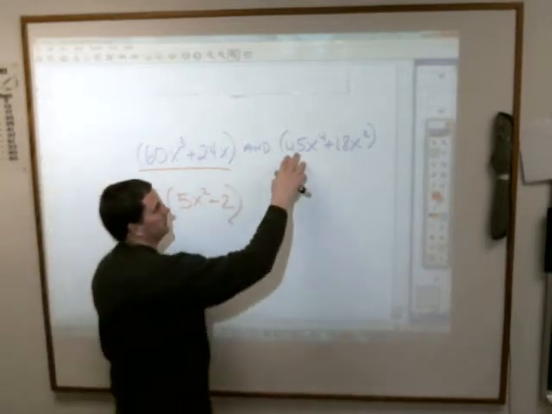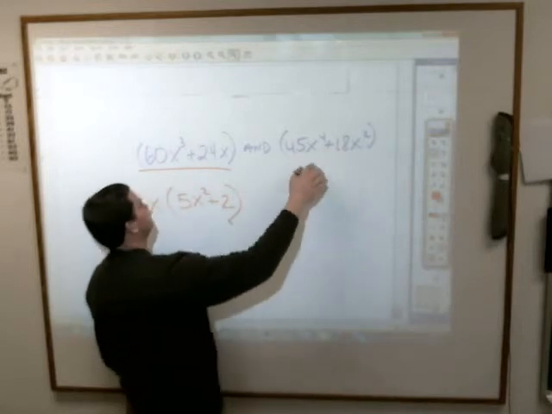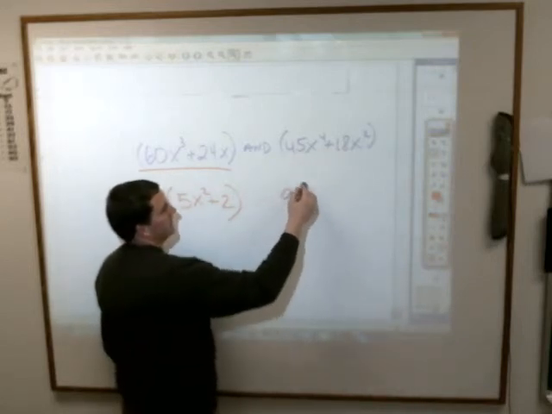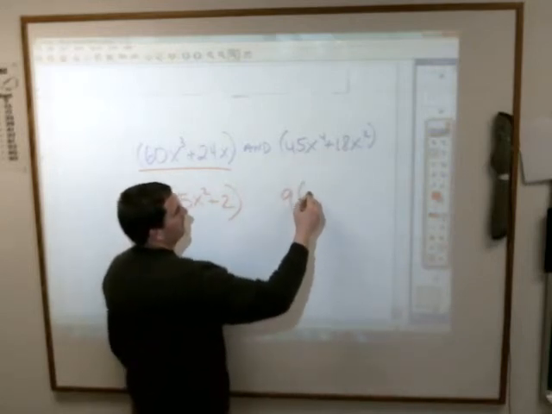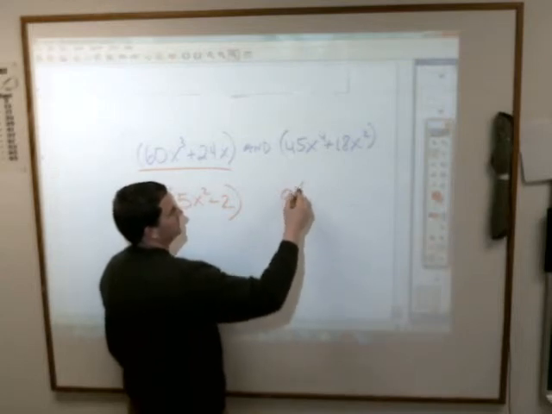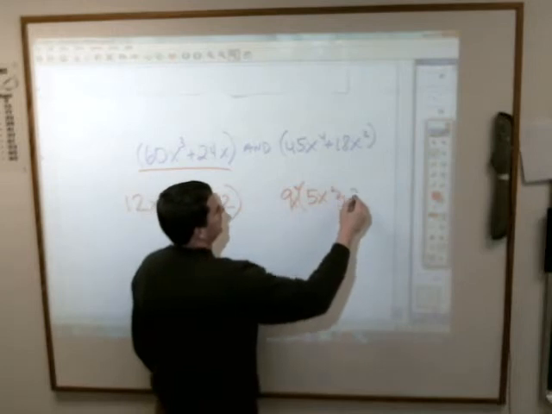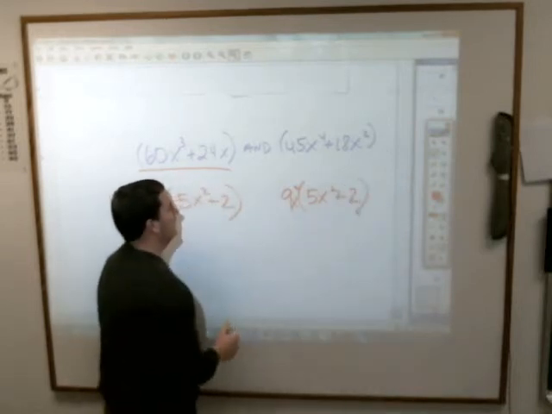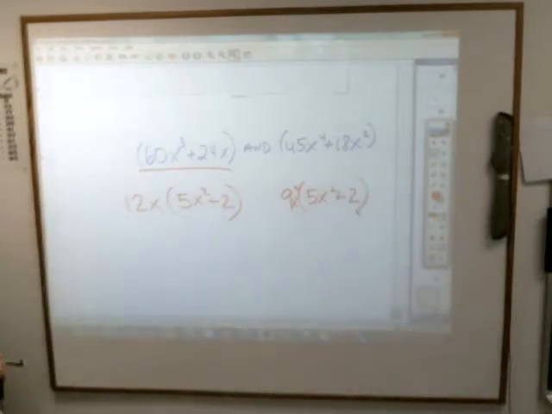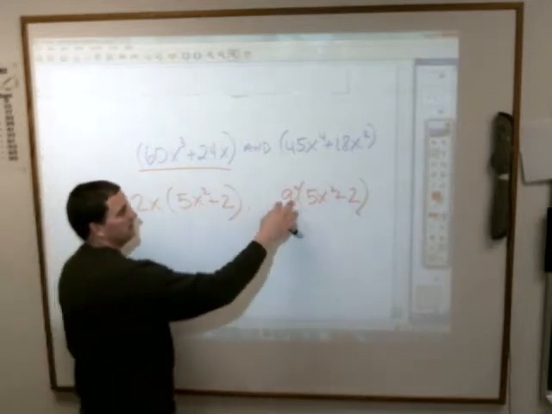What can you take out of both of these? A 9, or 9x squared. You take that out and you're left with 5x squared plus 2. Ah, that's why the book did it, because now you have 2 that are in common.